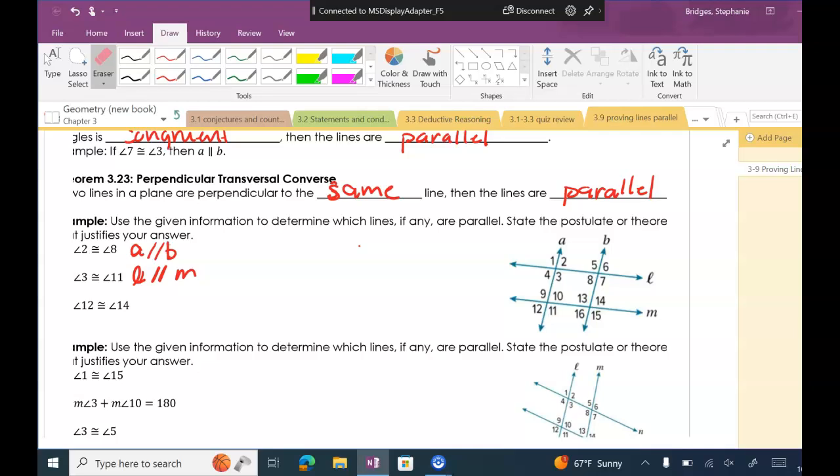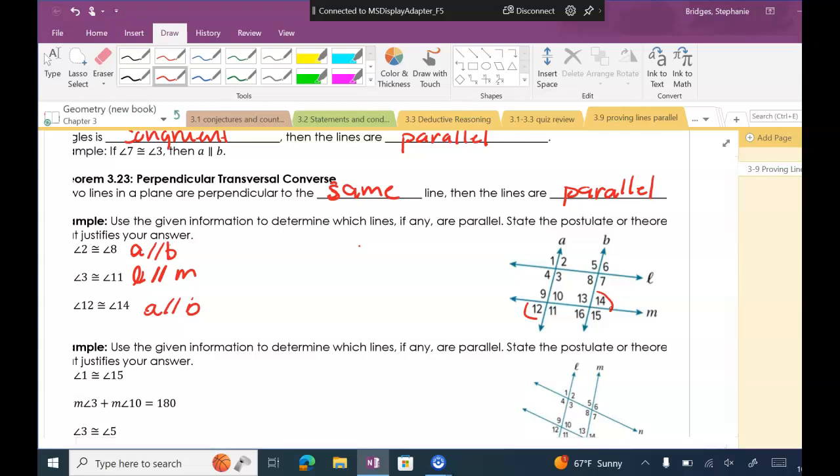Decide which 2 lines would have to be parallel in order for those 2 to be congruent. What do we think? A and B. And what kind of angles are 12 and 14? Yeah, so alternate exterior. Yep, we got it.